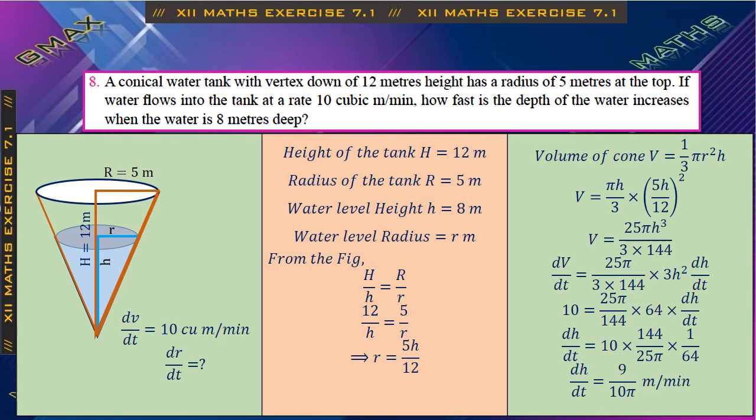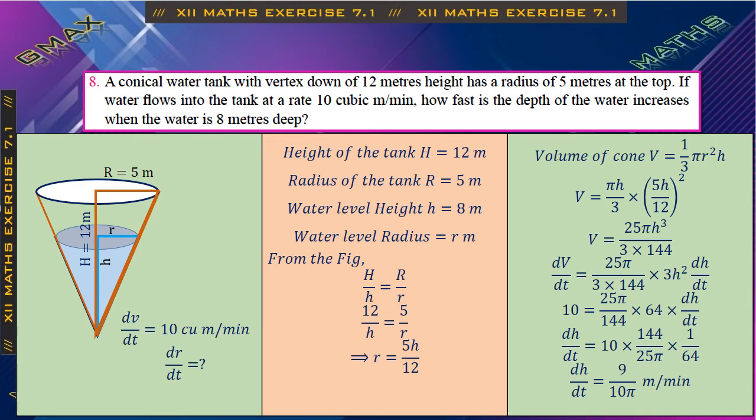Now this shape is a symmetric triangular form. So from the figure we compare capital H by small h equal to capital R by small r. Capital H is the height of the water tank, capital R the radius of the tank, small h the water level height, small r the water level radius. Okay, 12 by h equal to 5 by r. We know the value of h, but we have to find the rate of increase in height.